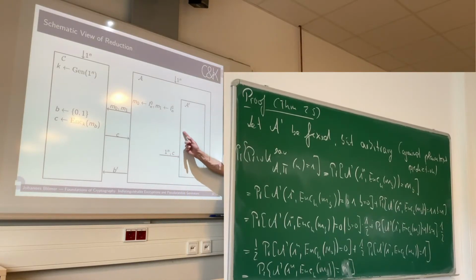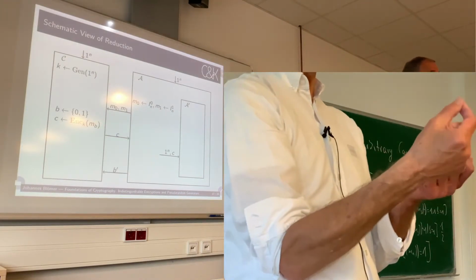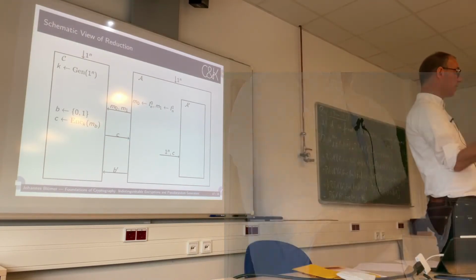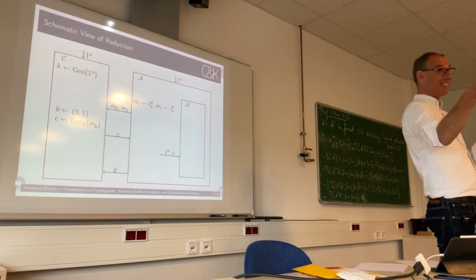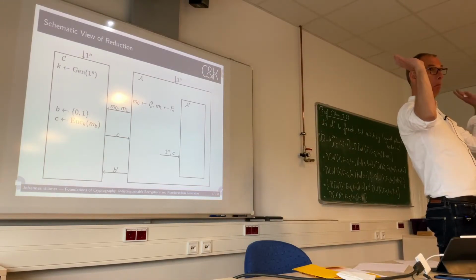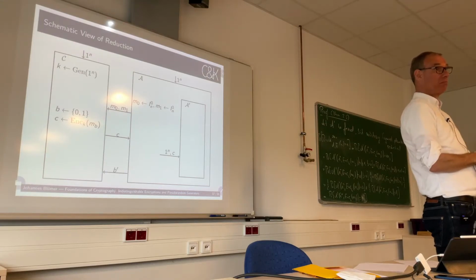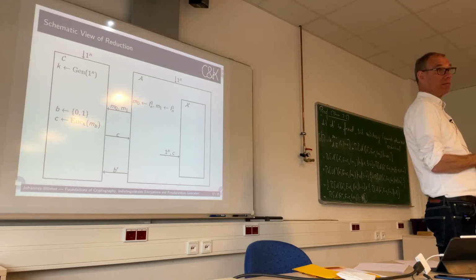Because I can only say something about the behavior of A prime if the input that I provide to A prime is exactly as in the prediction game. If I provide it with a different distribution, or its input has a different distribution than in its game, I don't know what it does.